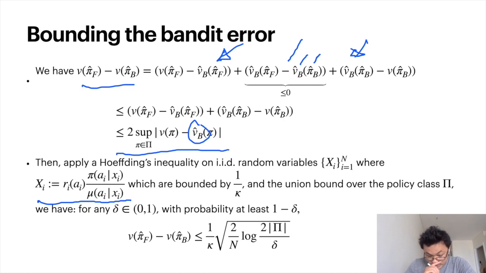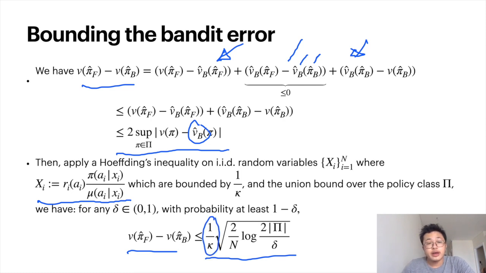The capital Si is bounded by 1 over kappa, because based on the positivity assumption, mu is lower bounded by kappa. Then we apply Hoeffding's inequality and the uniform bound over the policy class Pi, and with high probability this bandit error is bounded by the term with a constant factor 1 over kappa right here.